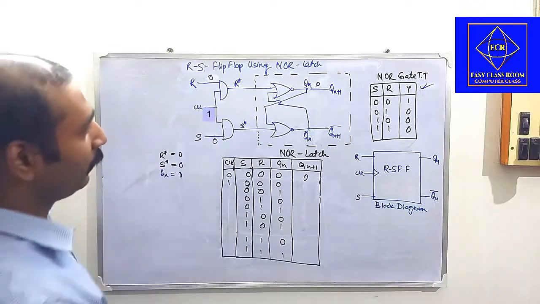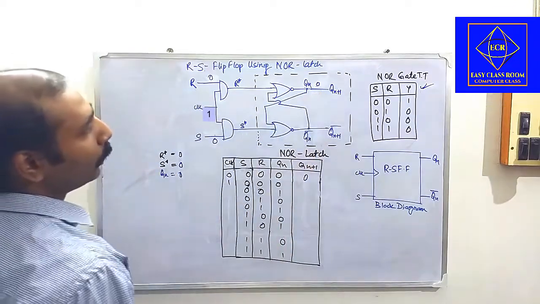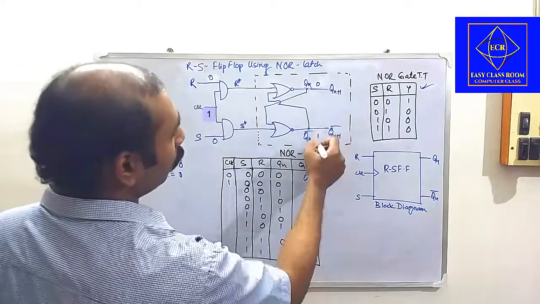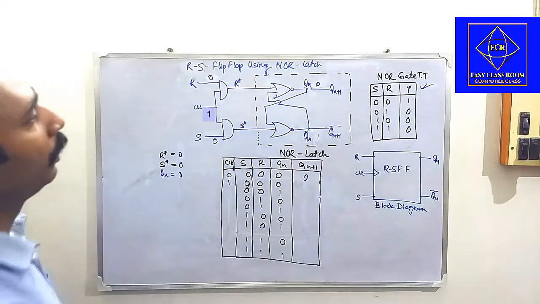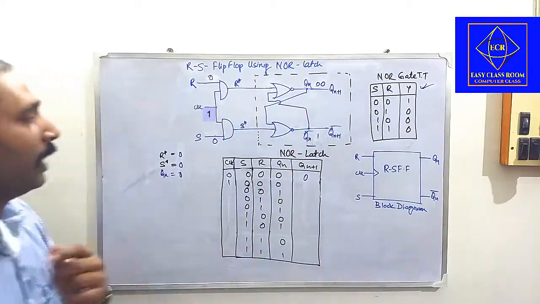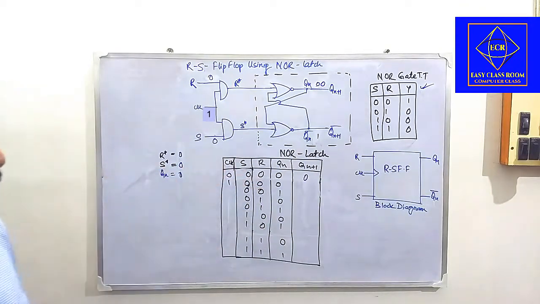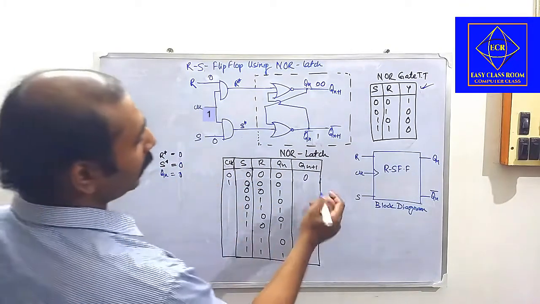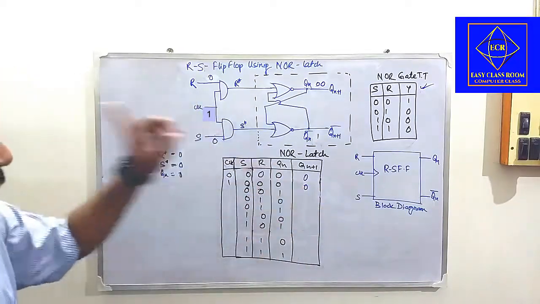And if it does happen, that 0 and 0 will give me a 1 over here and this one will climb up here. So 0 and 1 will give me a 0. Okay. So when the clock is high and S and R are zeros and QN is also 0, it will maintain the previous state, that is 0 state. What we are giving is what we are getting.